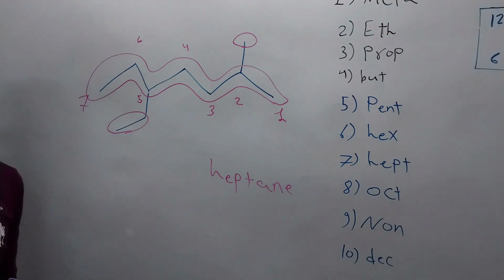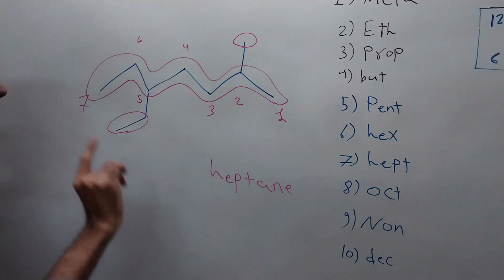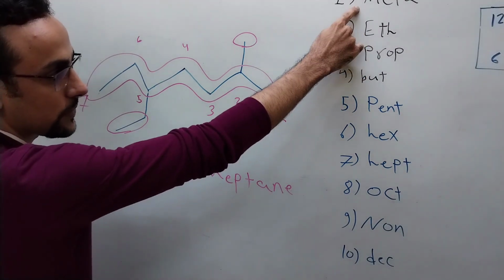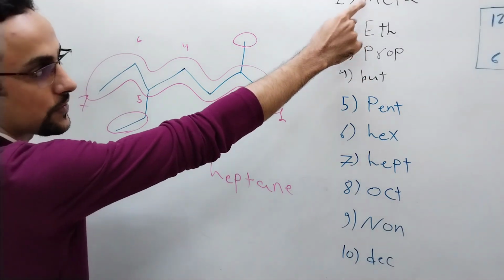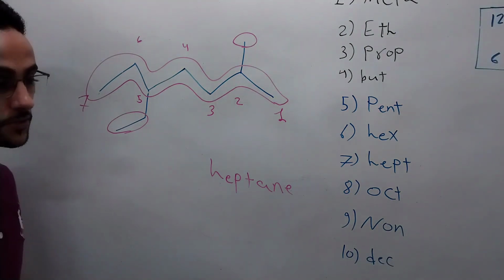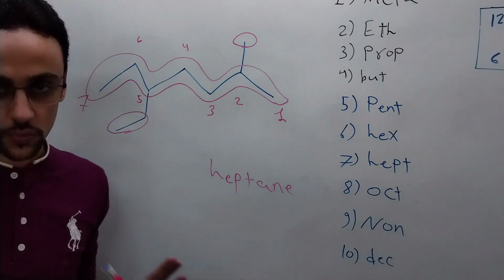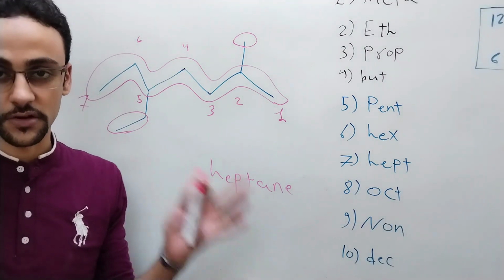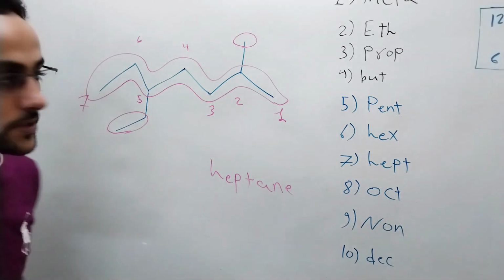The IUPAC has decided that you have to go alphabetically. So the ethyl is before the methyl because the E is before the M, and just for that, no other reason. And remember, as I said earlier, that doesn't have anything to do with the nature of this molecule. It's just a nomenclature that has been agreed upon between scientists.